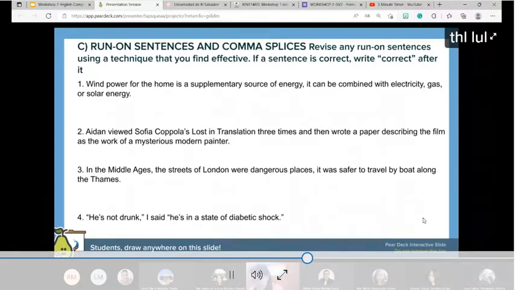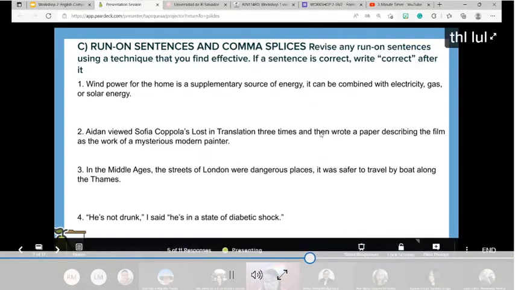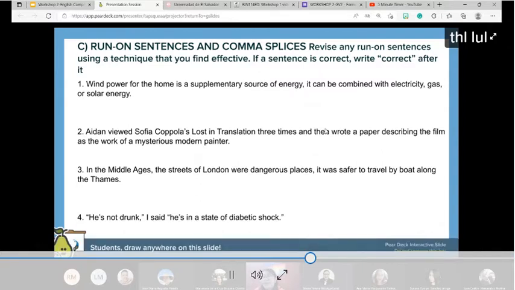Don't worry. Okay, so we have: Aidan viewed Sofia Coppola's Lost in Translation 3 times and then wrote a paper describing the film as the work of a mysterious painter, right? So that one is correct, actually. And sometimes we get confused with expressions like then, because we think first comma, second comma, with the structure of giving the steps or instructions to people, right?